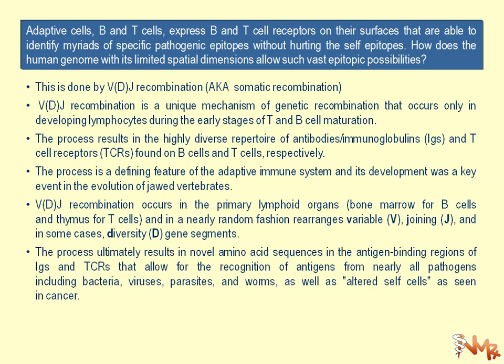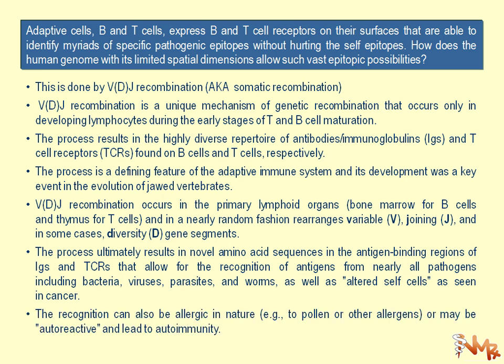The process ultimately results in novel amino acid sequences in the antigen binding regions of immunoglobulins and T cell receptors that allow for the recognition of antigens from nearly all pathogens, including bacteria, viruses, parasites, and worms, as well as altered self cells, as seen with altered cells or altered self proteins in cancer cells.